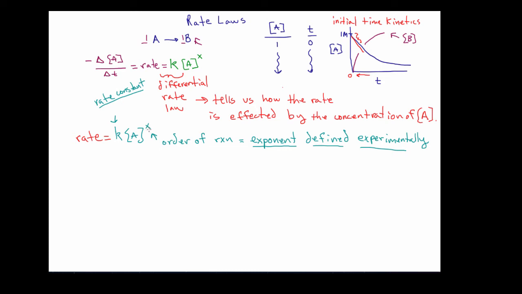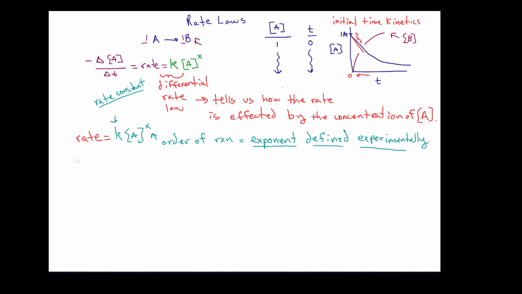So this value is going to tell us how the rate is affected by concentration changes. So the differential rate law shows us how the rate of a reaction is going to be affected by changes in concentration. So what are the values of x? Now, here's what the viewer needs to realize. x can be a lot of different values. It can be even fractional.